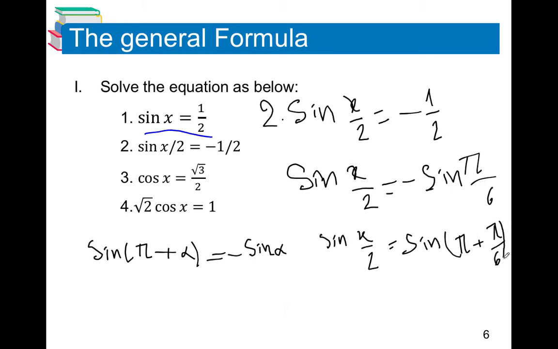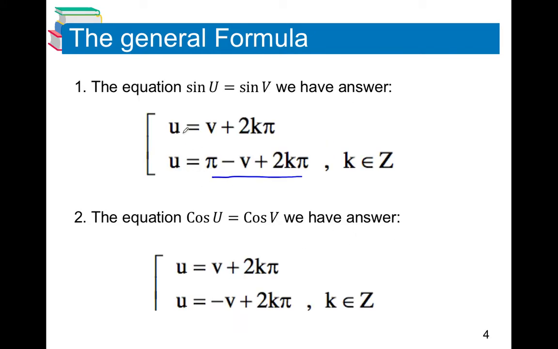Yes. So now we can see both are positive, right? Here is positive, here also positive. So we can use this formula: u equals v plus 2k pi and u equals pi minus v plus 2k pi.